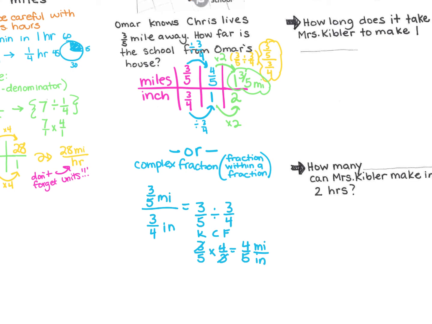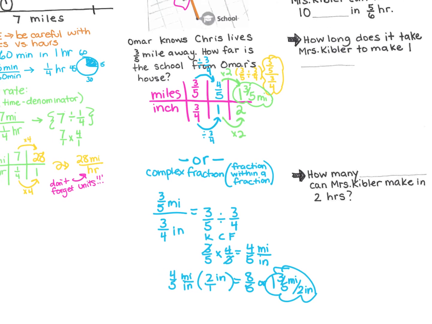From here, we want to know what 2 inches is, so we're going to take 4/5 mile per inch. We're going to multiply that by 2 inches, or 2/1, and that's going to give us 8/5, or 1 3/5 miles per 2 inches. So there's 2 ways of solving that.